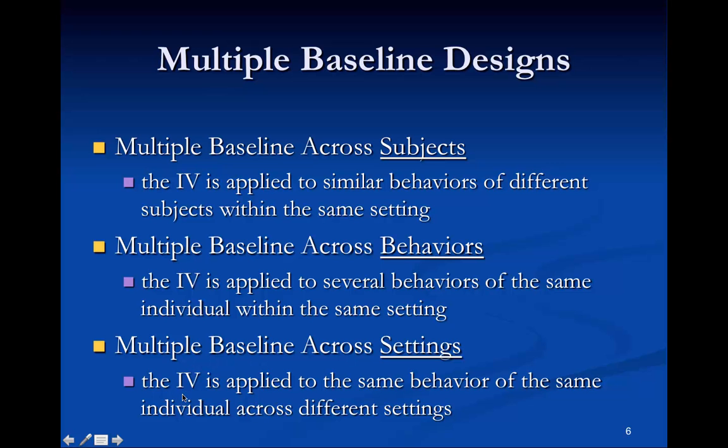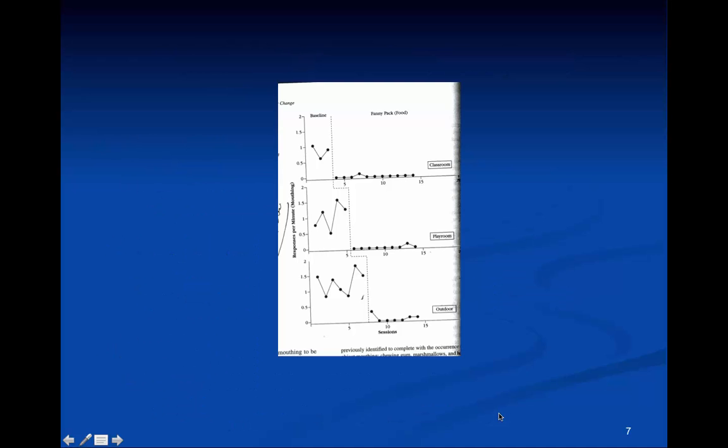the independent variable is applied to the same behavior of the same individual across different settings. So here's an example of a multiple baseline across settings: classroom, playroom, outdoor.